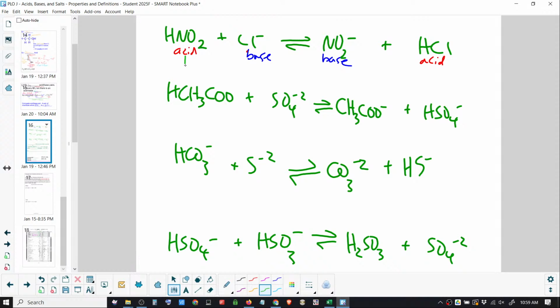So this acid goes with which base? Which is the conjugate acid base pair? Elena. Can you restate the question? This acid goes with which base?